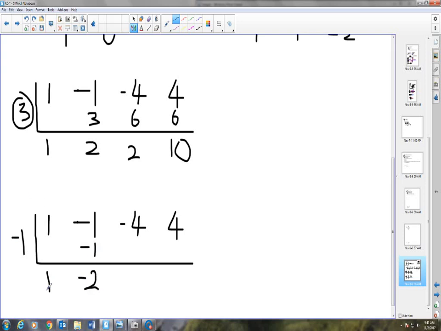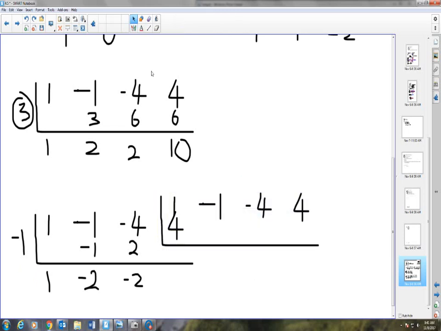For the lower bound, these signs have to alternate, positive, negative, and 0 counts as positive or negative. Negative 1 times negative 2 is positive 2. Negative 4 plus 2 is negative 2. So the signs did not alternate here. That tells me that negative 1 cannot be my greatest lower bound.